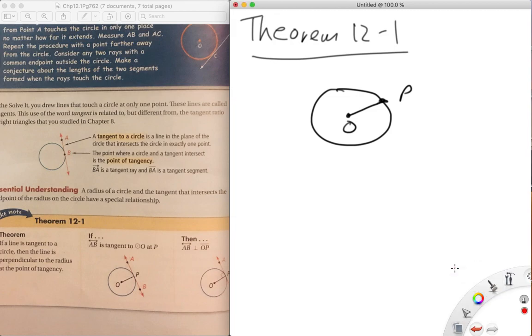From O to P, and then we have a line that's tangent. This is line AB.